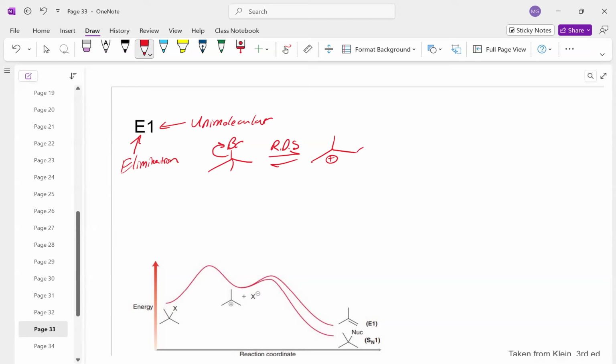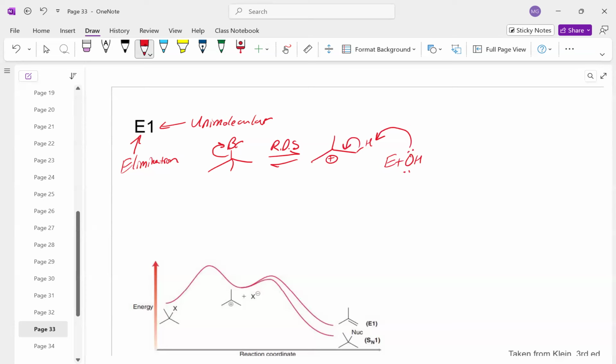But instead of the nucleophile acting like a nucleophile, it's going to act as a base and pull off a beta hydrogen. Notice how similar that is to E2. In E2, a beta hydrogen was always pulled off. It's the same thing here. I'm just doing it stepwise instead of all in one step.